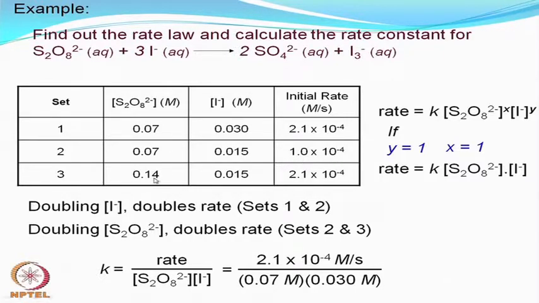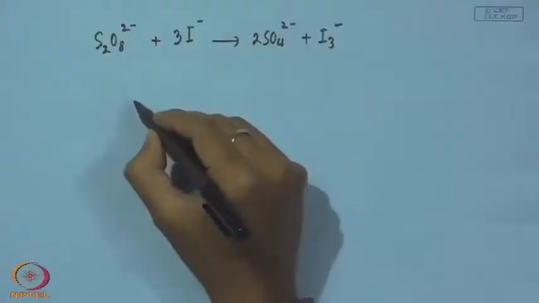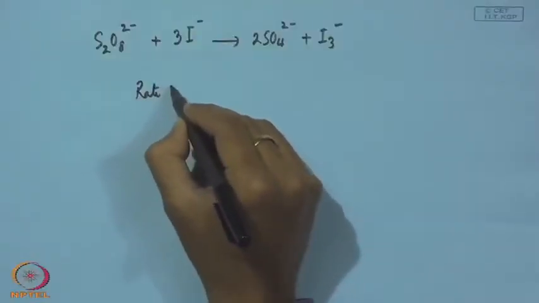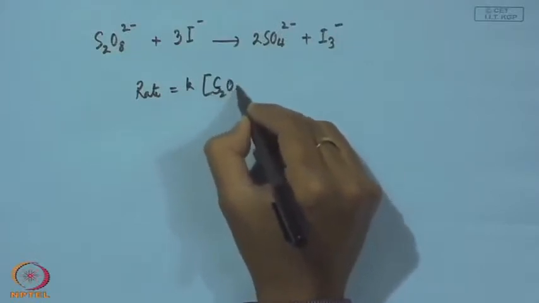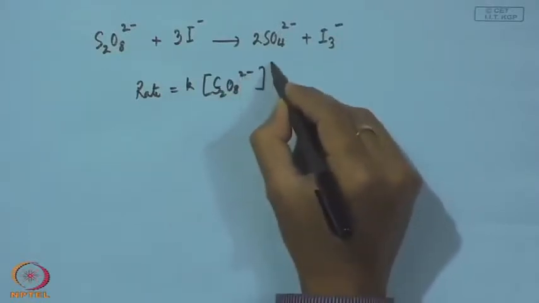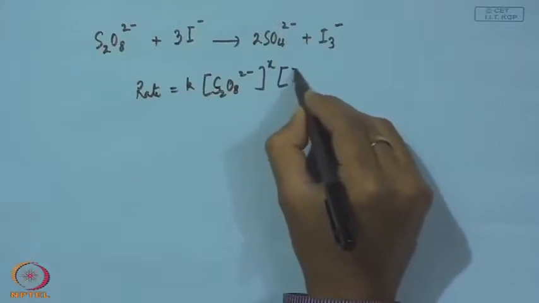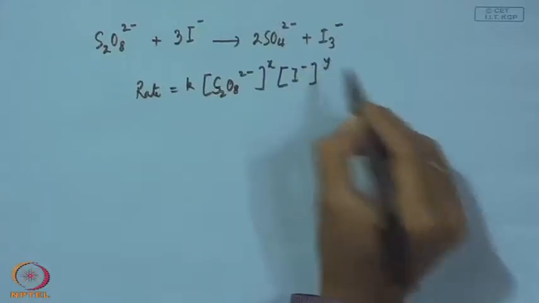For the last one, persulfate is 0.14, iodide is 0.015 and the initial rate is 2.1 into 10 to the power minus 4. So, rate in general is equal to k into [S2O8 2 minus] to the power x and [I minus] to the power y.